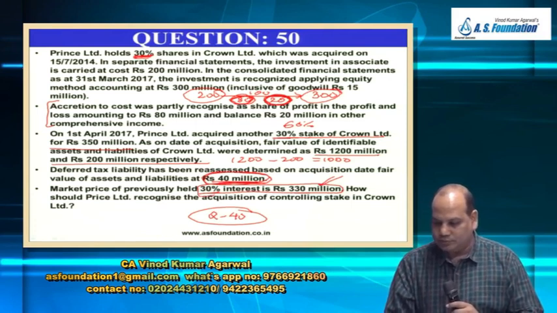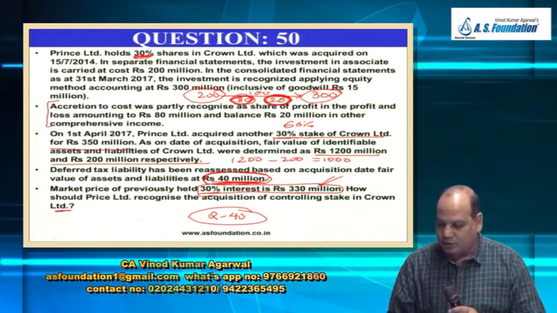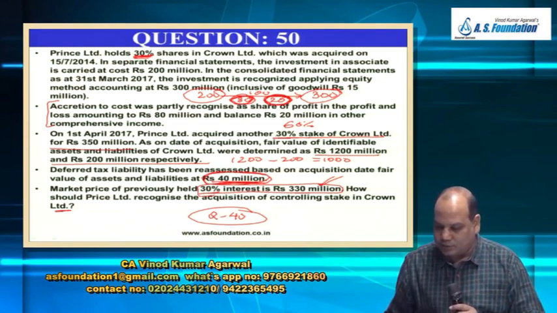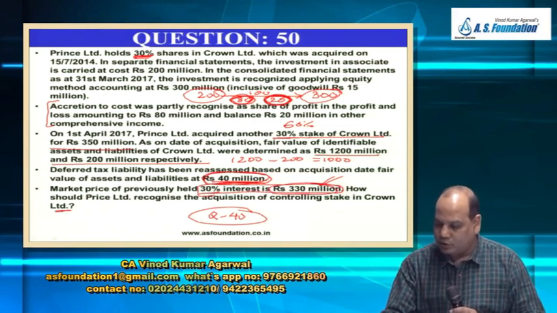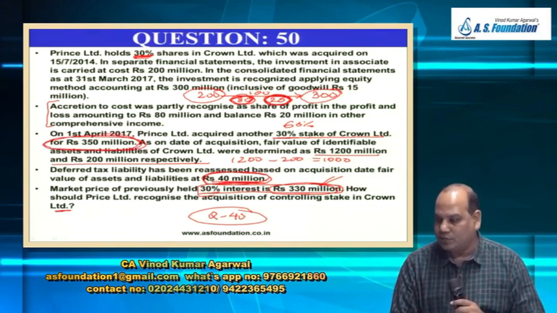How should Prince Limited recognize the acquisition of controlling stake in Crown Limited? So we have to find out how much is goodwill or capital reserve. We already hold 30%, fair value is 330. We have acquired another 30% stake, fair value is 350.